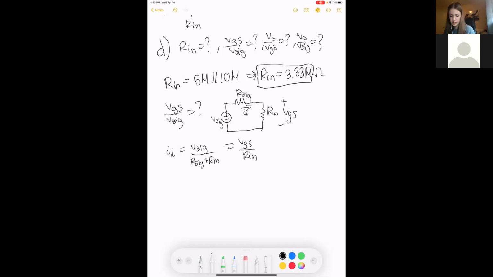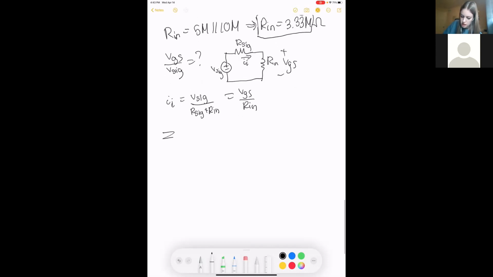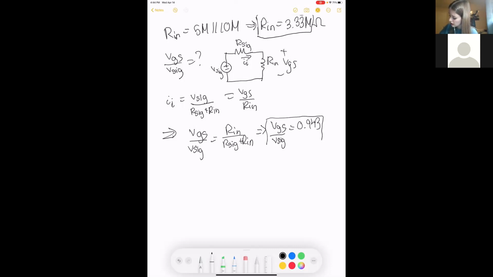We're finding I in or IN, however you want to say it. Okay, VGS over V sig is equal to RN over R sig plus RN. And when we do those calculations, we get that VGS over V sig is equal to 0.943. Remember, this doesn't have units because it's a voltage over a voltage.